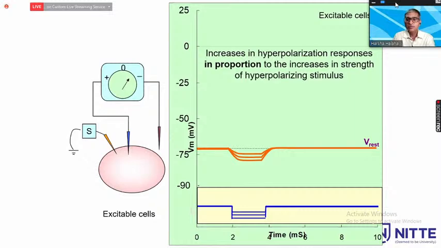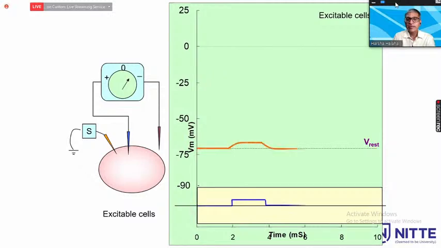On the other hand, if you look at excitable cells like neurons or muscle cells, stronger and stronger negative current stimuli will lead to proportionally bigger hyperpolarizing responses, that is, more negative responses. However, if you increase the strength of depolarizing stimuli, you do get bigger and bigger depolarizing responses. But something interesting happens. The responses become disproportionately larger, not proportionately larger.